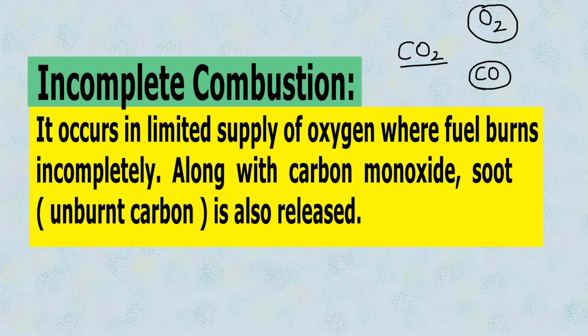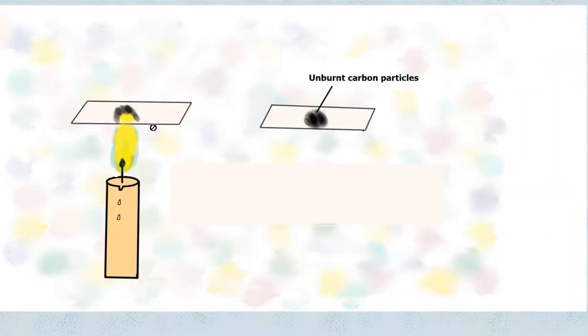Let's perform an activity to understand soot in a better way. Flame. So what happens here? If we place a glass slide or a glass plate on the luminous part of the flame, we observe that black particles get deposited on the slide.